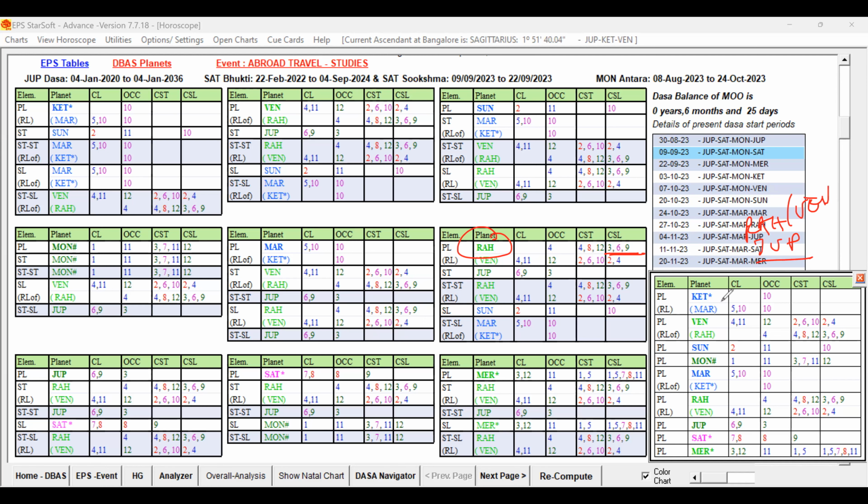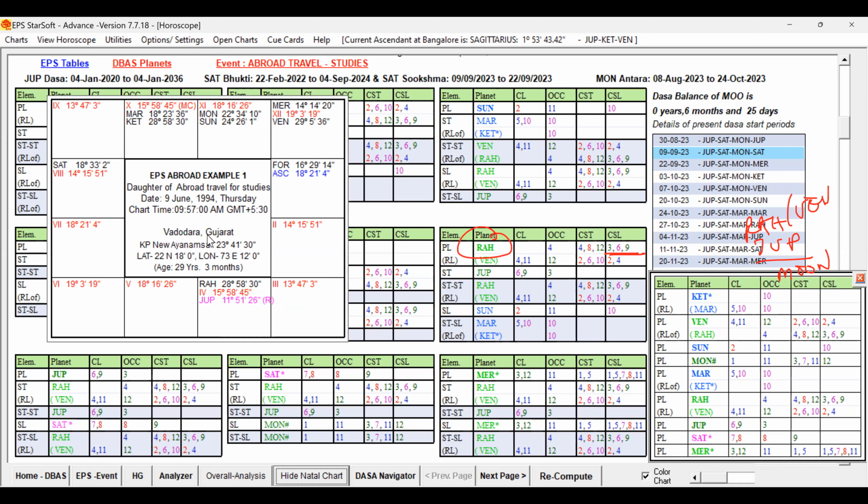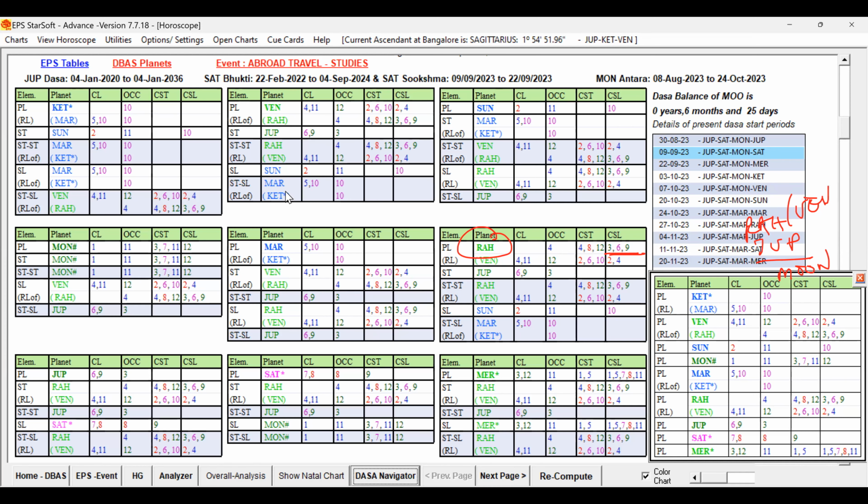And our moon is also playing indirectly, because moon is in the sign of Venus. We discussed Rahu having indirect conjunction to Venus. You can see that moon and Rahu are indirectly conjunct, because moon is in the sign of Venus only. So we need these important key planets, Rahu or Venus and Jupiter, in their rulers.